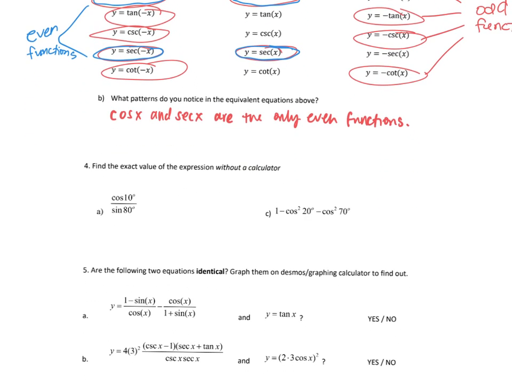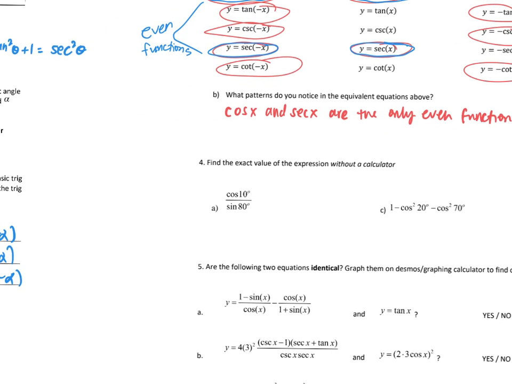Okay, next it says find the exact value of the expression without a calculator. So we're going to use some strategies to rewrite. And actually, we can add to our strategies. I've been using a yellow marker and a star.